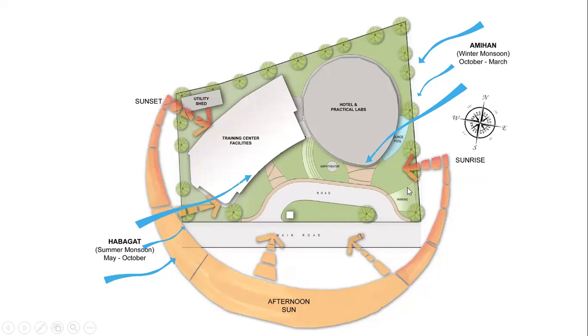But the thought of this one is, if you have your project here, you're going to strategically plan it so that you maximize the amihan and habagat winds, the prevailing winds. So basically, orient it toward these areas.